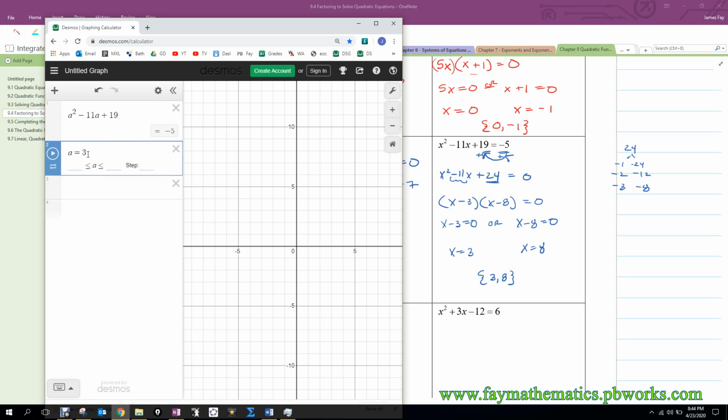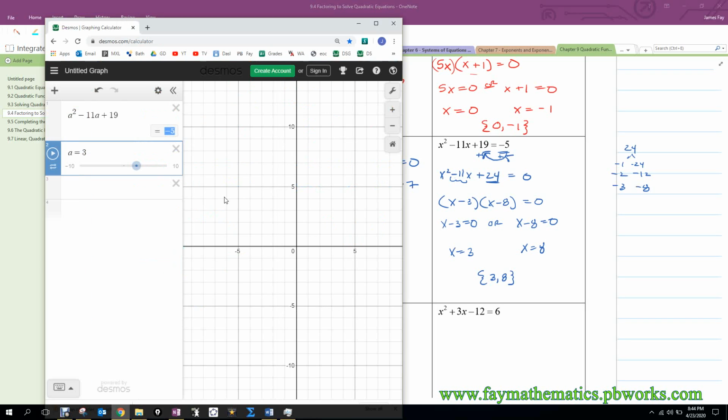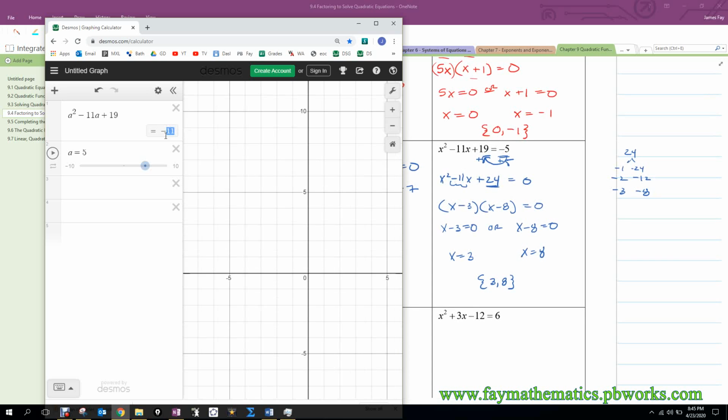And you see that if I plug a to be 3, it gives me this negative 5 right here, which was the right-hand side of my original equation. If I plug in 8, see if I get that negative 5 as well, and I do. You will notice that any other number does not give me the negative 5. So if I tried 5, it gives me negative 11 back, which is not that. So 5 is not a solution to this equation.